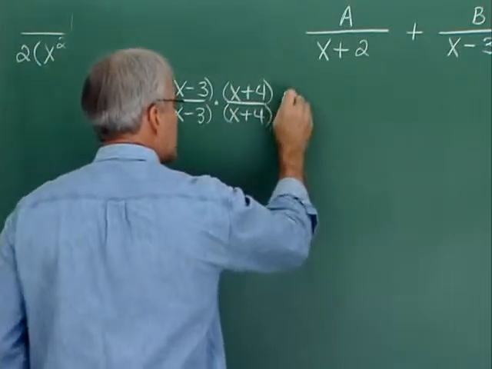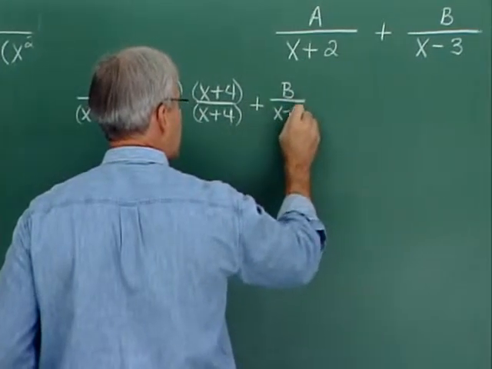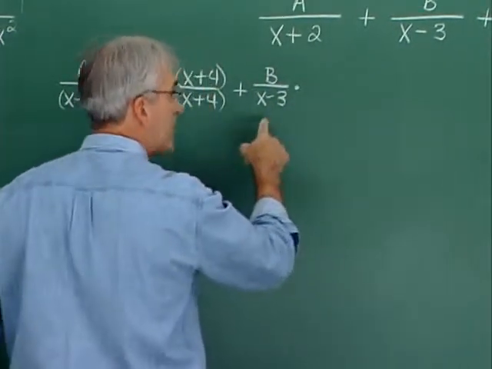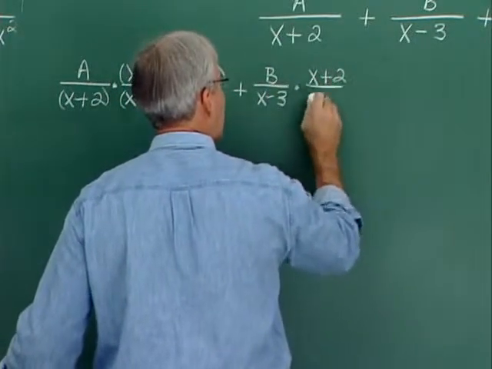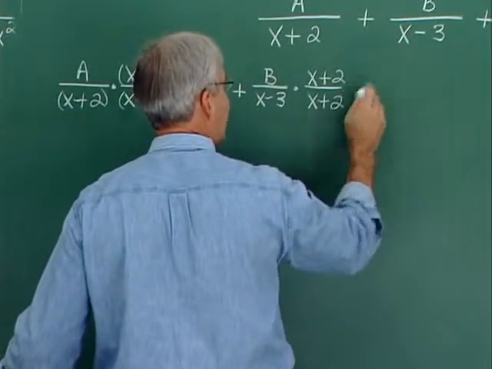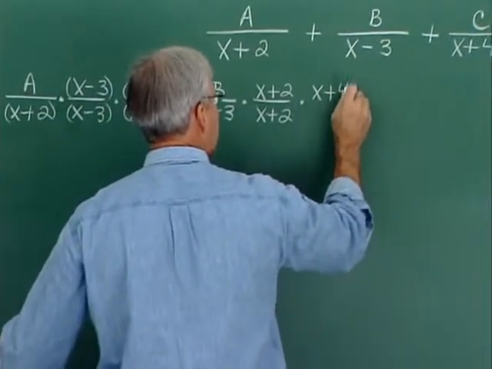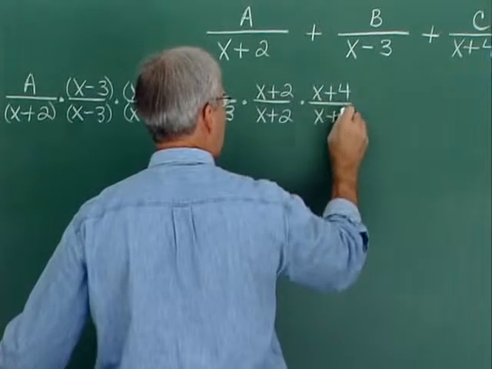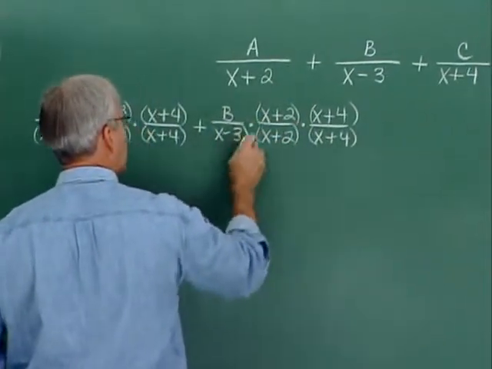We're going to do the same thing for the next fraction. It's b over x minus 3. And this fraction, the denominator, is missing that factor, so we're going to multiply it in. And the denominator is missing a factor from this denominator, and it's x plus 4. So we're multiplying it in, x plus 4 over x plus 4. Once again, parentheses everywhere we see binomials.